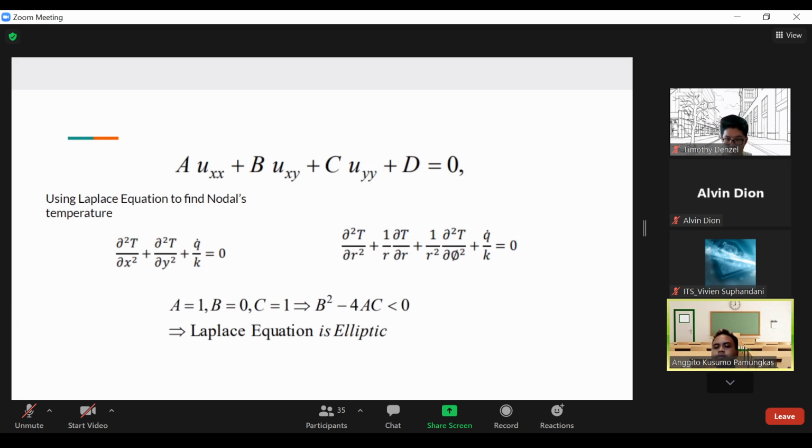The right side is the cylindrical. If we put the A, B, C, and D into the ABC formula, we have D less than 0. So the Laplace equation is elliptic because D is less than 0.